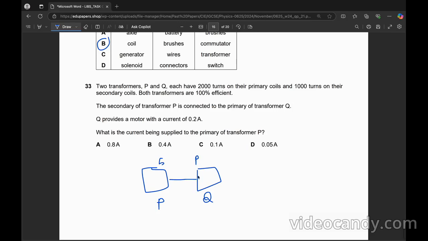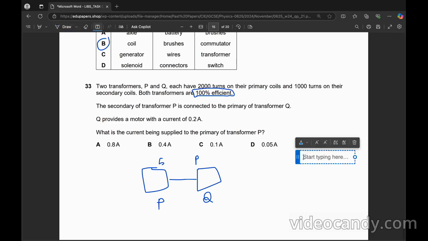That means the current in the primary coil of Q will be the same as here. And we know that both transformers are 100% efficient. When you see this given fact, you have to remember to use the concept of power. More on that later.